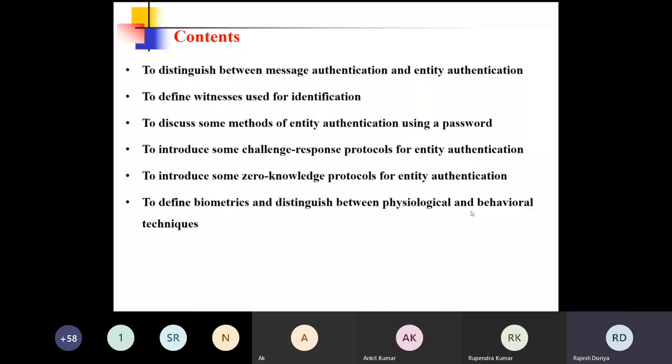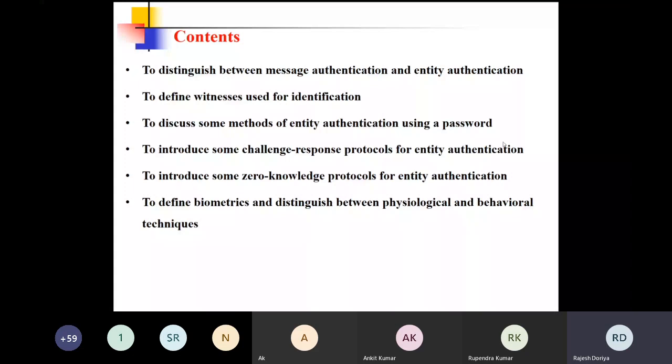Then we will see what we mean by the witness or witnesses, which have been used for identification. Then we will discuss some of the methods of entity authentication using a password mechanism. Thereafter, we are going to introduce some of the protocols which fall under challenge-response protocols for entity authentication.